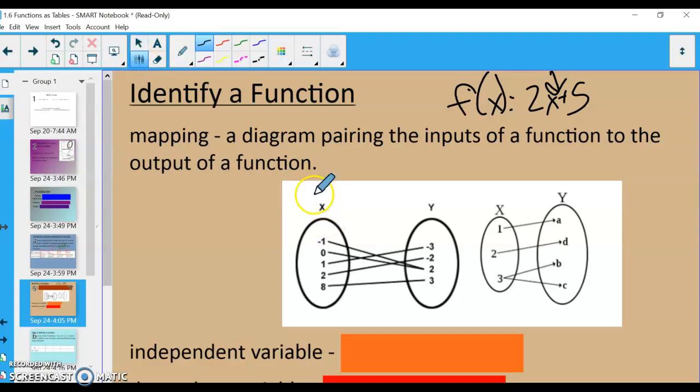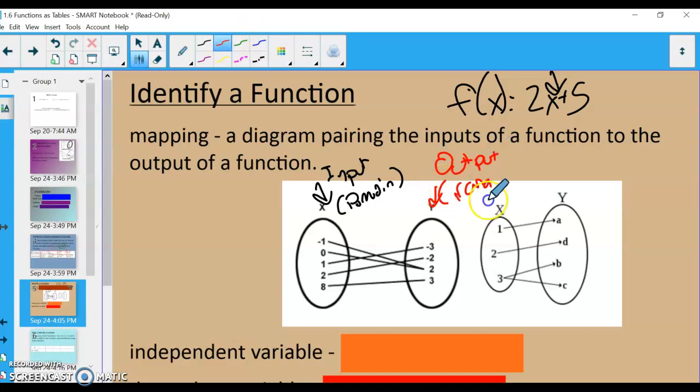So your input is always going to be your x. And this is also known as your domain. And your outputs, or the range, will be identified as your y's. Okay?